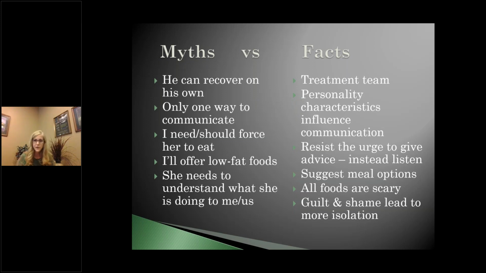Ed will say nothing, and that doesn't give them any leeway to speak beyond that. Or they may say, I don't know. And there comes that heatedness that lives in the house with the eating disorder. Instead, you look at the meal plan and you may say, we're going to have chicken tonight. Would you prefer pasta or rice with that? So you're giving them those types of options, but there isn't an option not to eat. And all foods are scary.